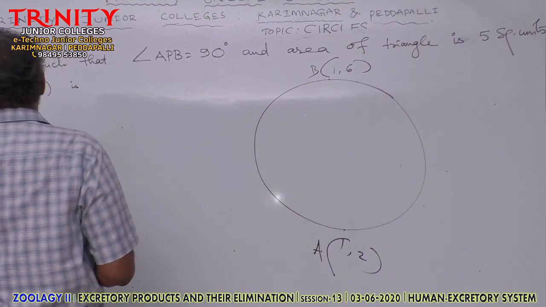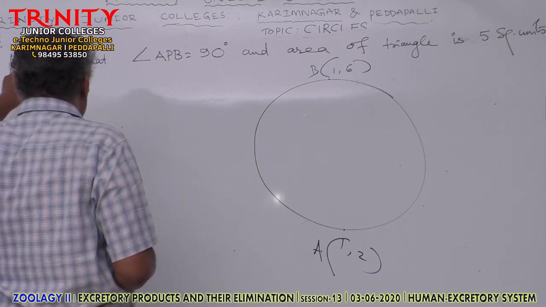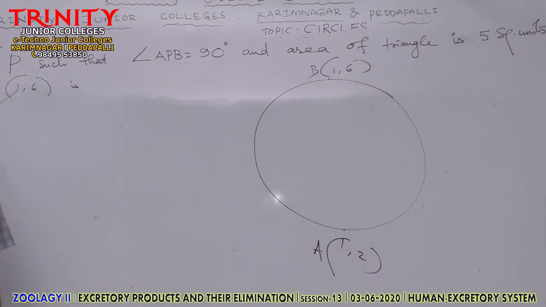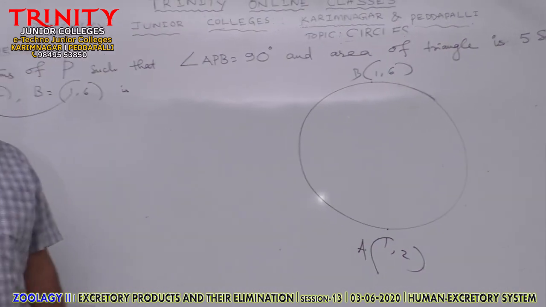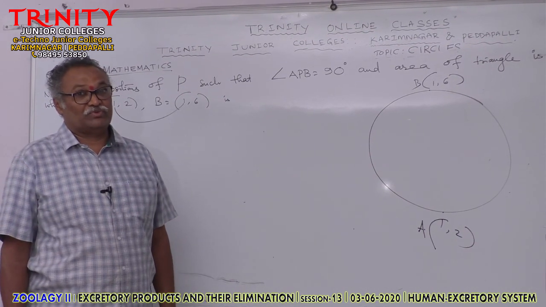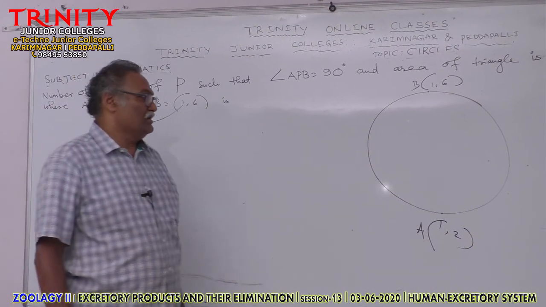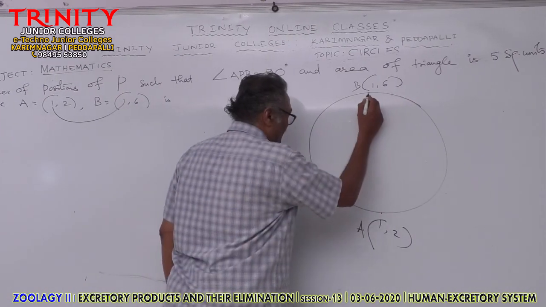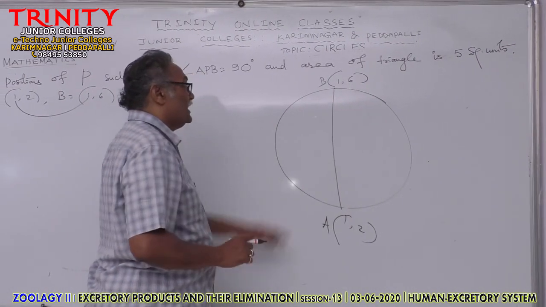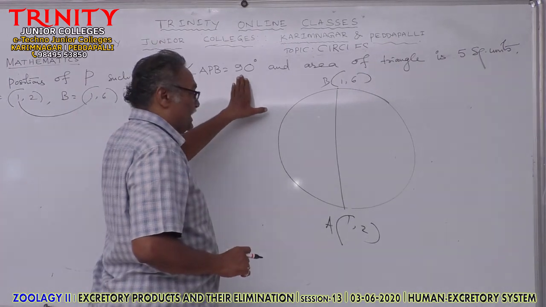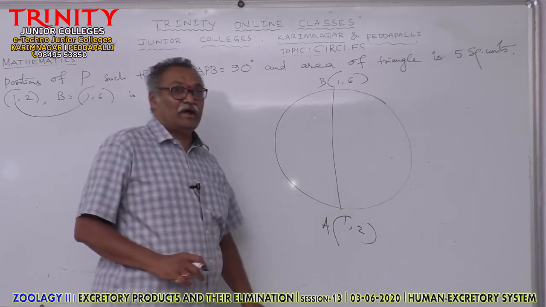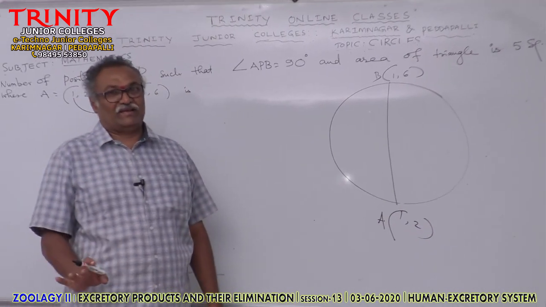Here, the number of positions of P such that angle APB is 90 degrees and the area of the triangle is 5 square units. How many possible positions for P? Angle APB is 90 degrees, so AB must be the diameter of the circle.